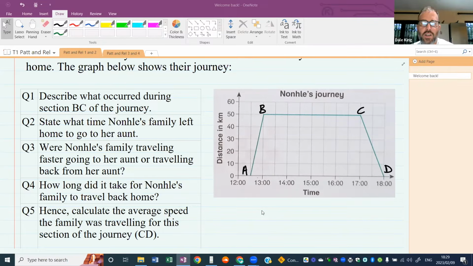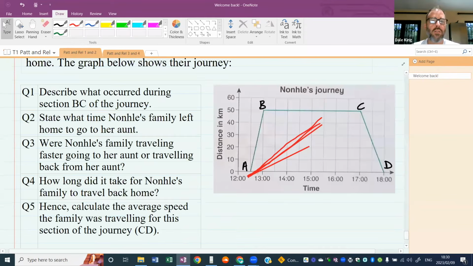All right, so you're saying it took half an hour to get 50 kilometers in AB, and it took an hour to get 50 kilometers from CD. So the steepness of the line in this graph relates to speed. The steeper the line, the faster they are going. So if I draw another line on the graph like this, let's say we have this line here.